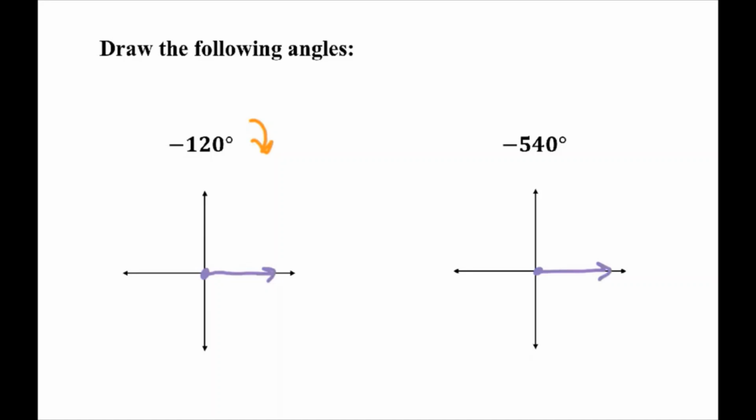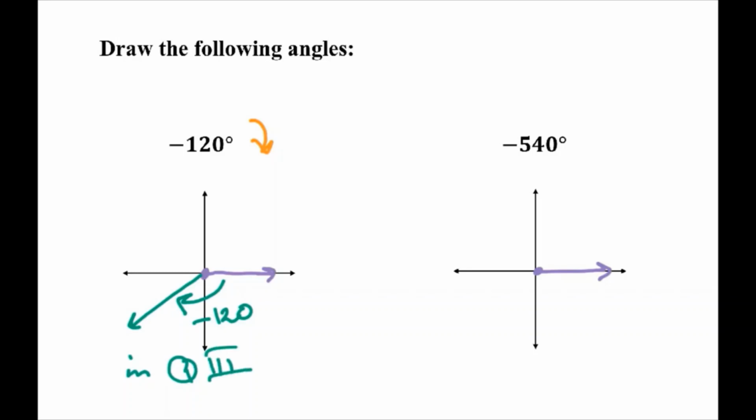So for 120, from here to here is negative 90, and from here to here is negative 180. I want negative 120, so it's going to be somewhere here. We don't need to be accurate though. That's negative 120. It's an angle in quadrant 3.